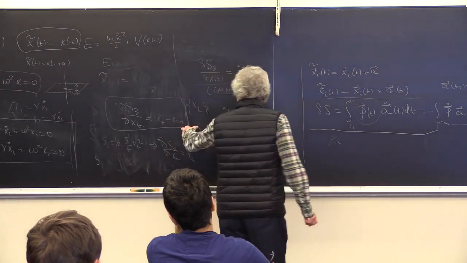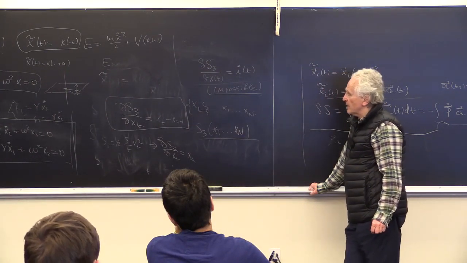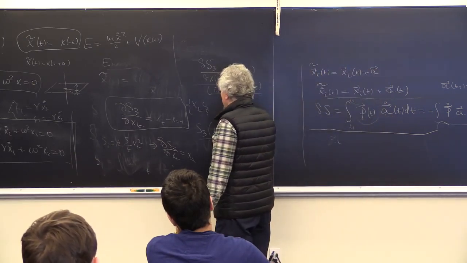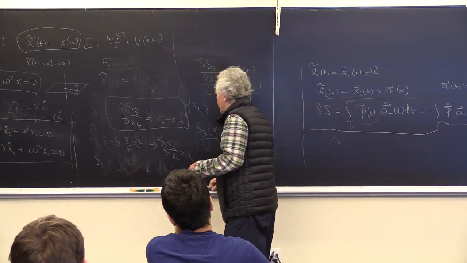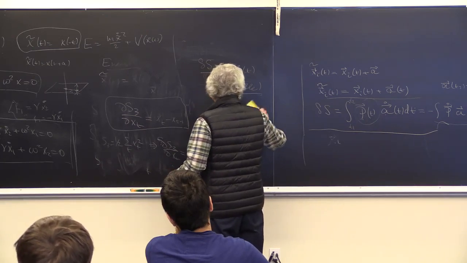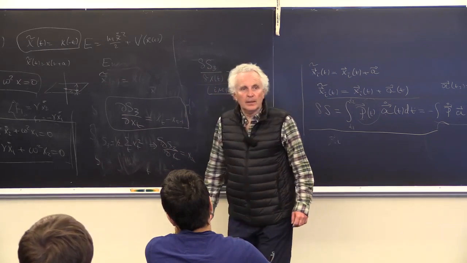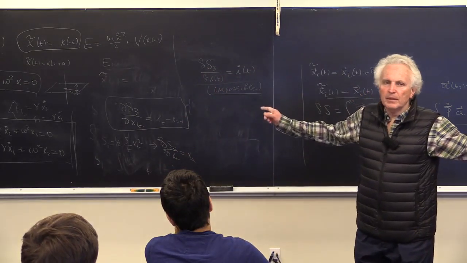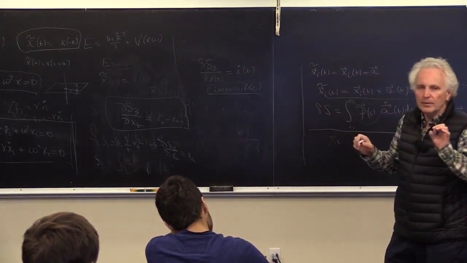Now, if you try this second term, then you will be in trouble. I think I will leave it for you to check yourself. But what does this mean at the boundary? Let's forget about the boundary.